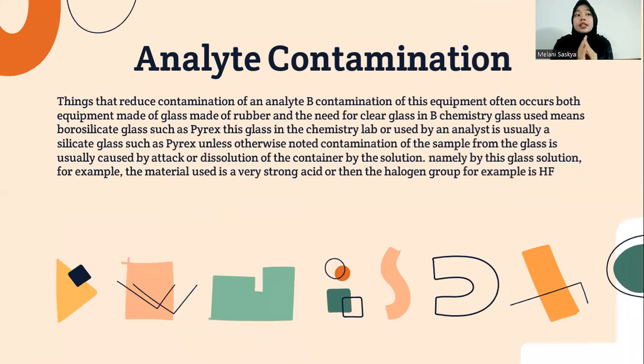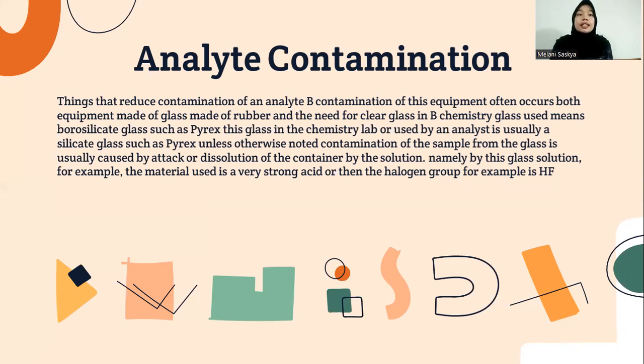This contamination of the analyte, the contamination from equipment, often occurs in equipment made of glass and rubber, and in the reagent. Glass means porous glass such as Pyrex. The glass in the chemistry lab used by analysts is usually a silicate glass such as Pyrex.